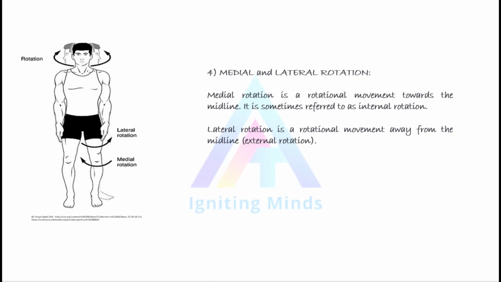It is also referred to as internal rotation. When you flex your elbow and bring it close to the chest, as if you hug somebody, it is internal rotation. And when you move the arm away from the chest, as if you are holding a tray, it is lateral rotation, also called external rotation, wherein you move your arms away from the midline.